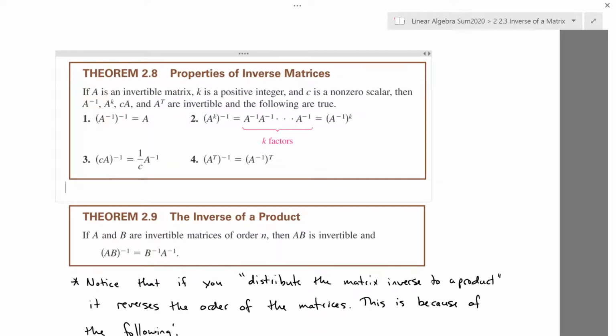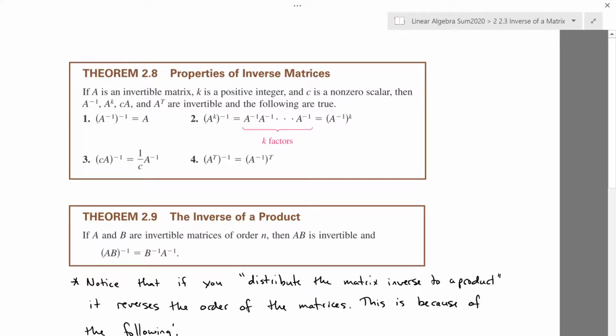Okay, so this page discusses some of the properties of inverse matrices. So the four that are listed here are fairly straightforward, right? So the first one says that the inverse matrix to A inverse is the original matrix A. So that's just from the definition, right?